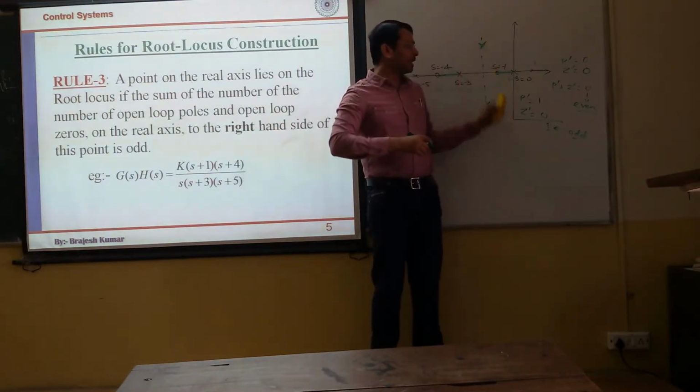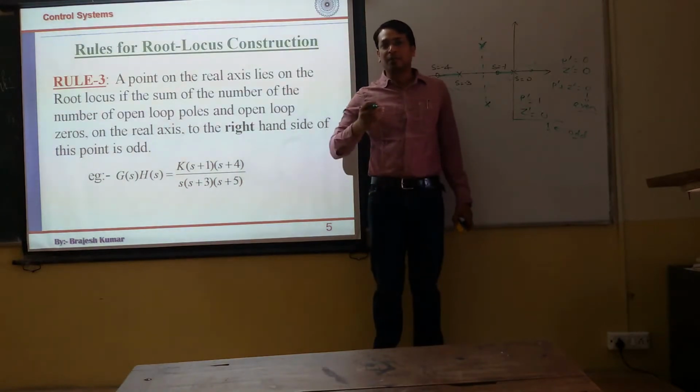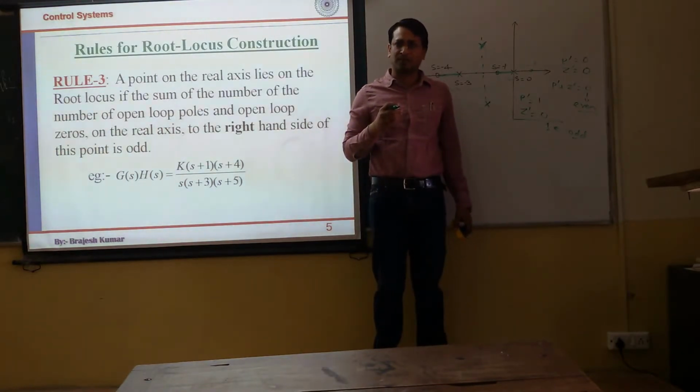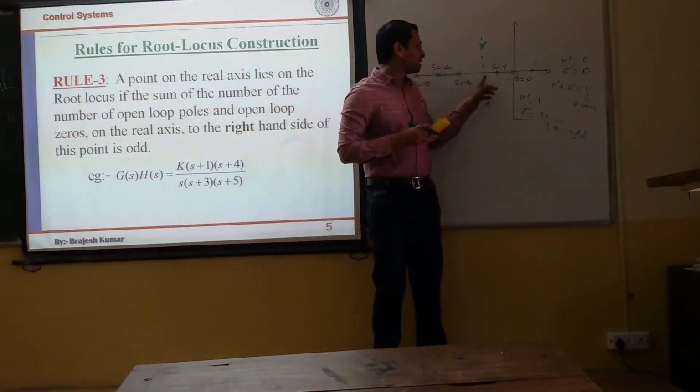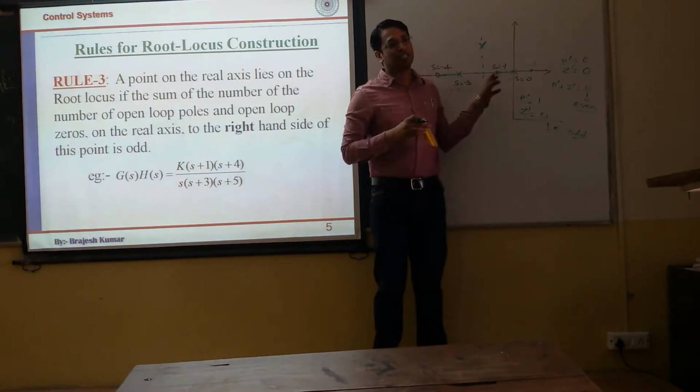So the occurrence of complex roots is not going to change the analysis for this purpose, when we are interested in finding whether a particular section of the real axis is part of the root locus or not. Correct? So we will focus our attention only on those poles and zeros of the open loop transfer function which lie on the real axis itself.